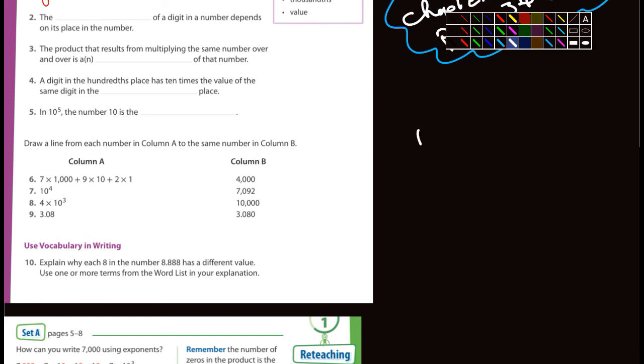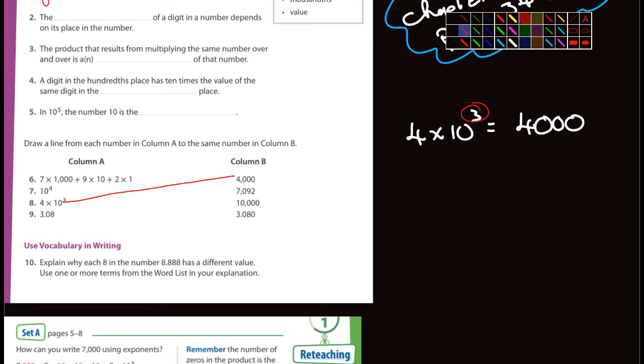That's simply going to be 4 with what? With 3 zeros. 1, 2, 3. There we go, 4,000. So where's 4,000? I see it right there at the top. So just draw a line matching the two.